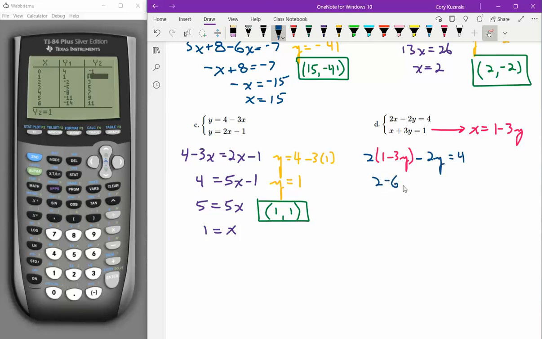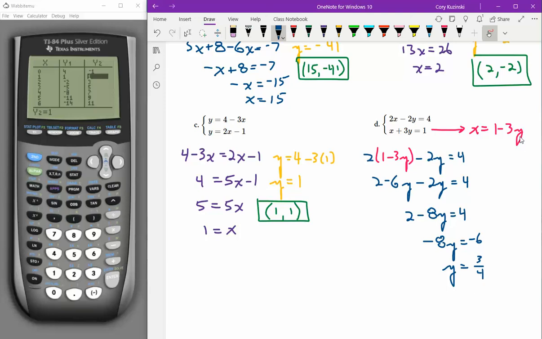Distributive property gives me 2 minus 6y. Combine like terms, 2 minus 8y. Subtract 2 from both sides. And then divide both sides by negative 8. I get 3/4 or 0.75.